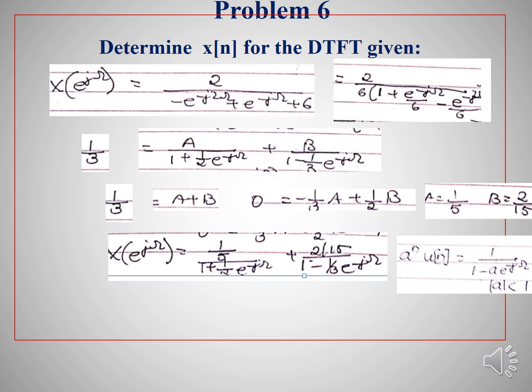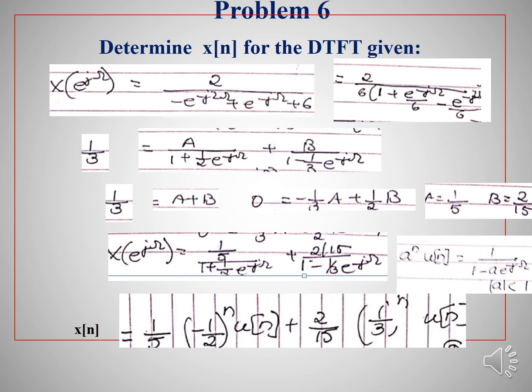Hence, trying to convert it using the Fourier expression, a power n u of n is equal to 1 by 1 minus a e power minus j omega, we get the solution as x of n would be equal to 1 by 5, which is the constant for this, and since it is plus half, we will be getting minus half power n u of n, plus 2 by 15, it is minus 1 by 3, so it will be the normal one, 1 by 3 power n u of n. Thus, we have determined x of n for the given problem as 1 by 5 into minus half power n u of n plus 2 by 15 into 1 by 3 power n u of n.